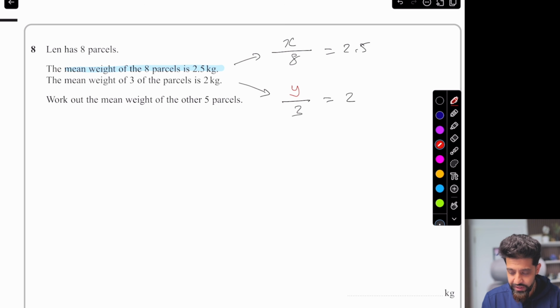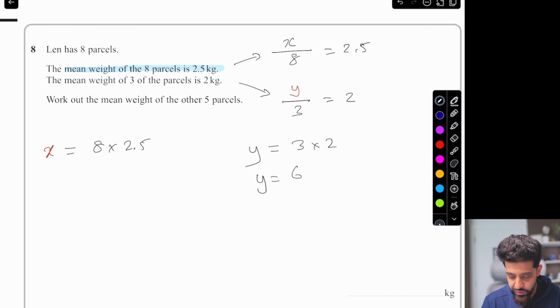All right, so now we want to make x the subject, so we multiply by 8. x is equal to 8 times by 2.5. We need to work that out, and we're going to do the same thing for the second one. y is equal to 3 times by 2. That's easier to do first, so let's do that. That's 6.